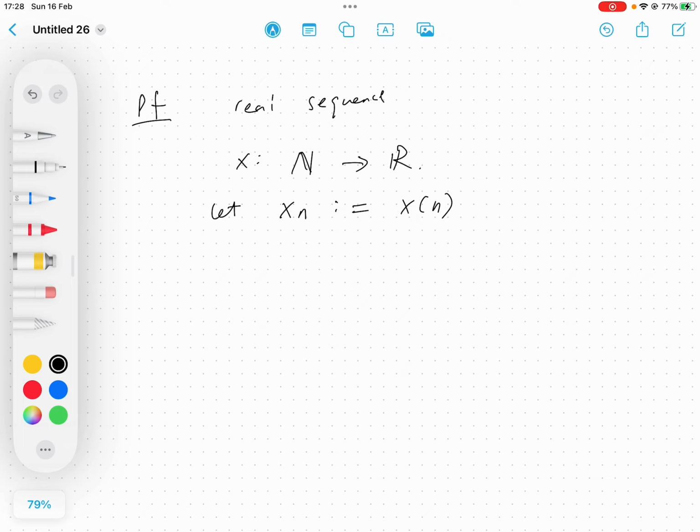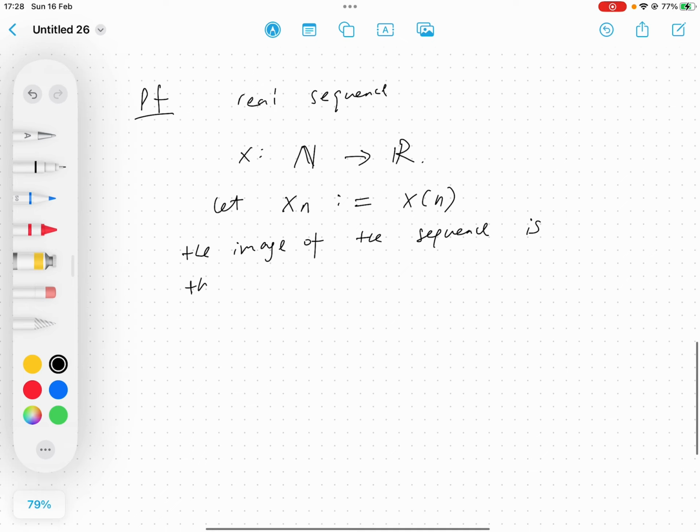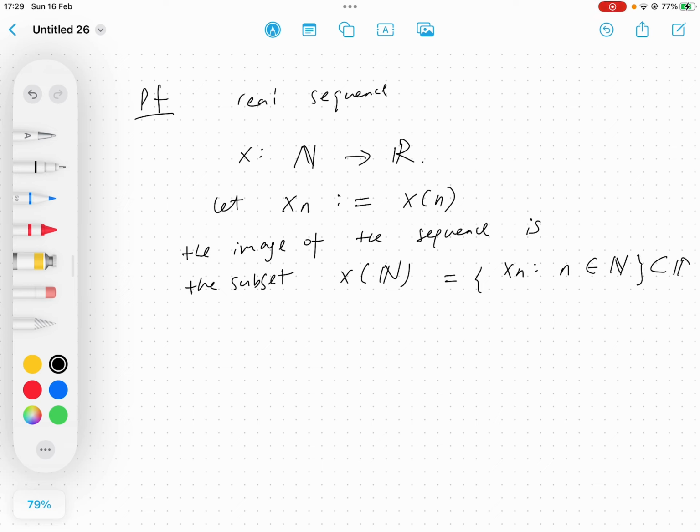The image of the sequence is the subset {x_n : n in N}, and that has to be a subset of R.